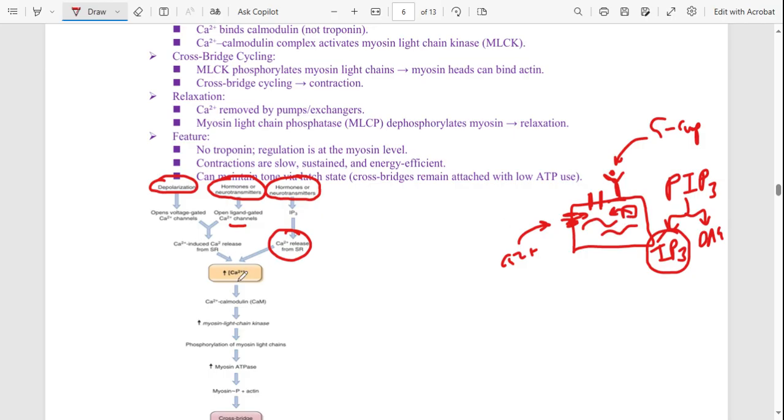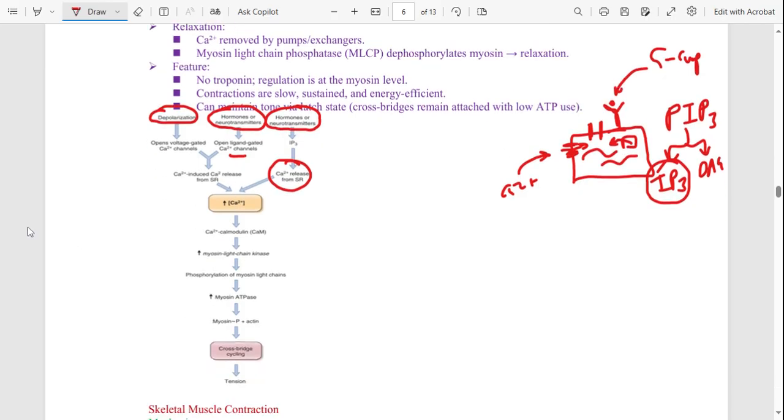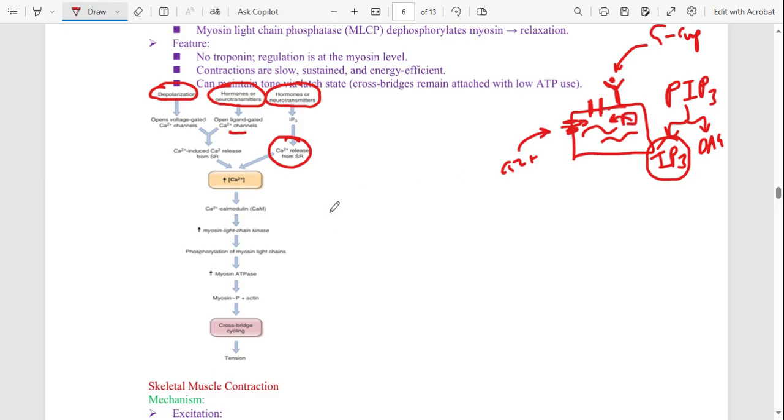And then, this is the difference with the other muscle that we talked about. When the calcium increases inside the cell, it does not bind to troponin C, because in smooth muscles you don't have troponin C. Instead, there is another protein called calmodulin.